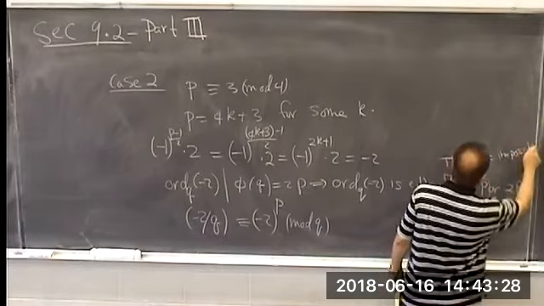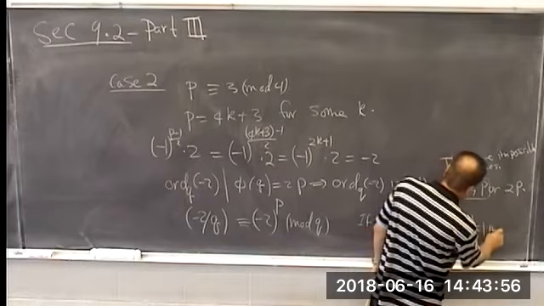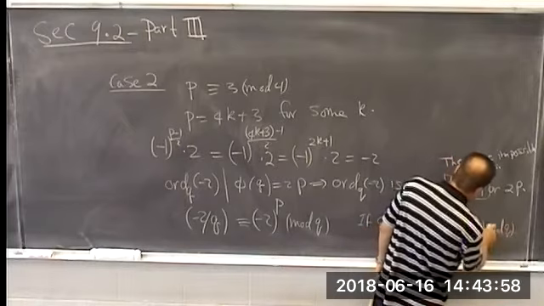For 1 and 2 it is the same sort of thing. It means that you take the order, you assume the order of negative 2 is equal to 1. This implies that negative 2 to the 1 is congruent to 1 mod q.